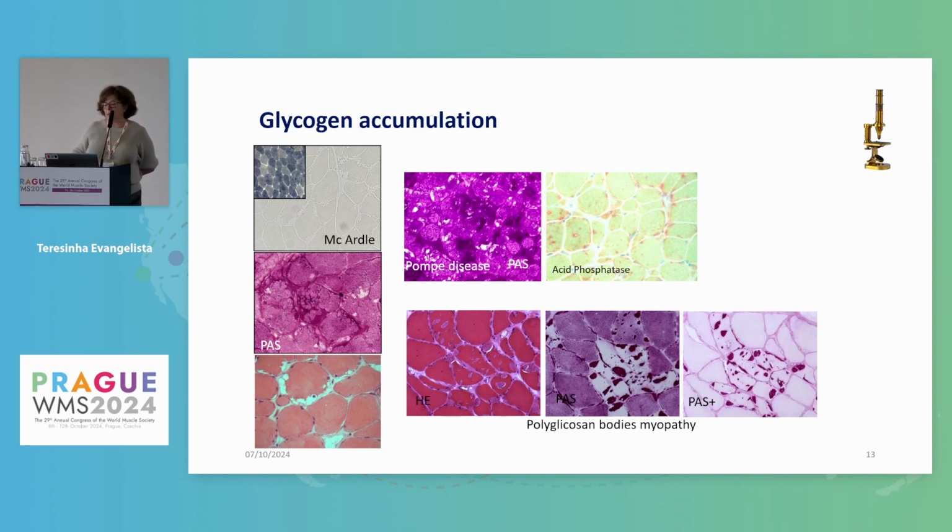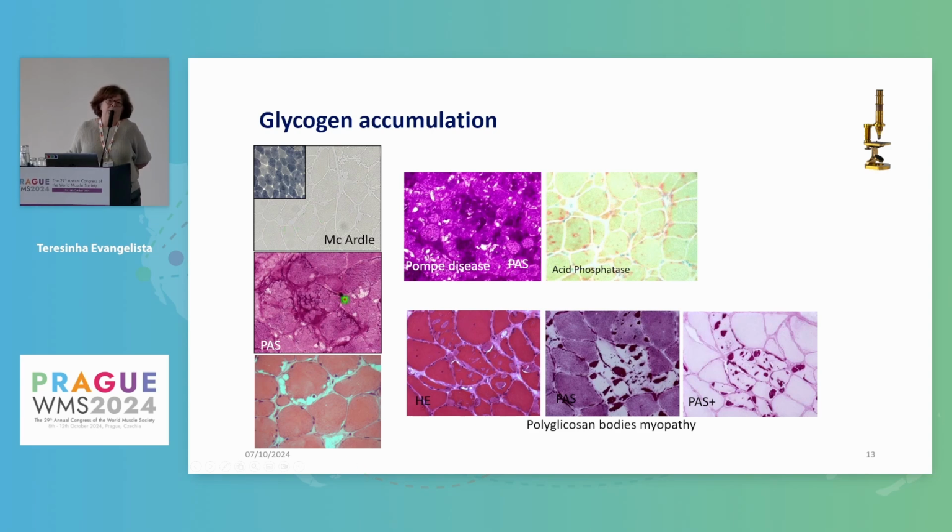Besides the vacuoles, we look if there is an accumulation of glycogen. This one is quite easy. This is quite typical. The vacuoles are subsarcolemmal, and you have an accumulation of glycogen, and then you have myophosphorylase. This is the control, and this is the patient. The activity of myophosphorylase is absent.